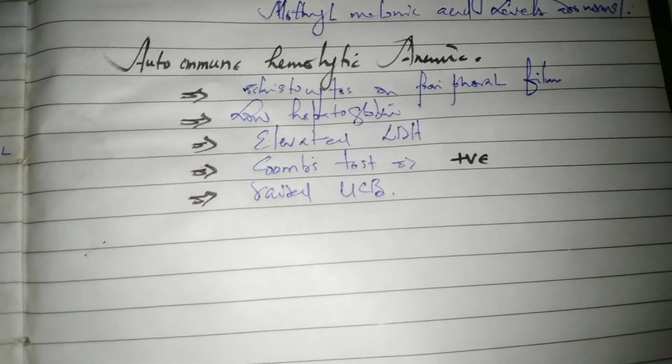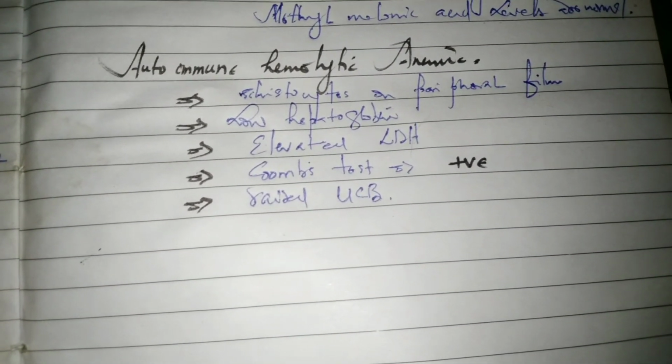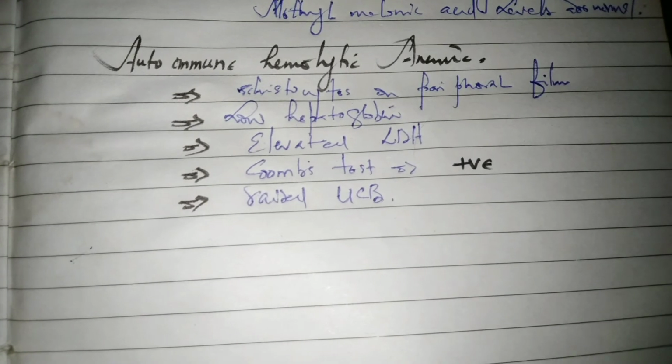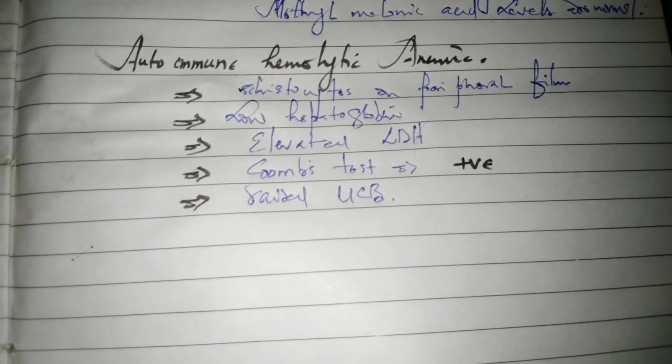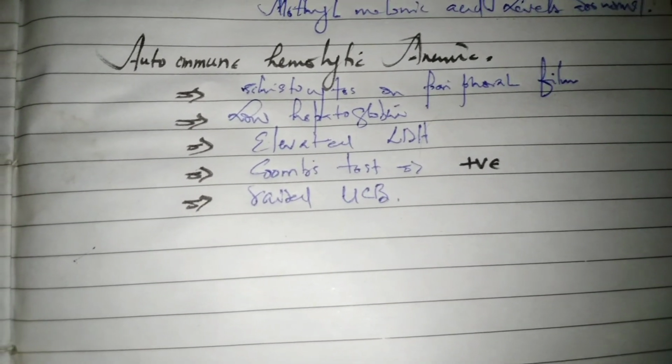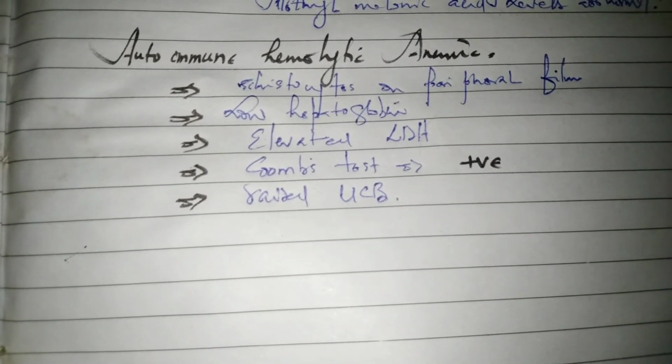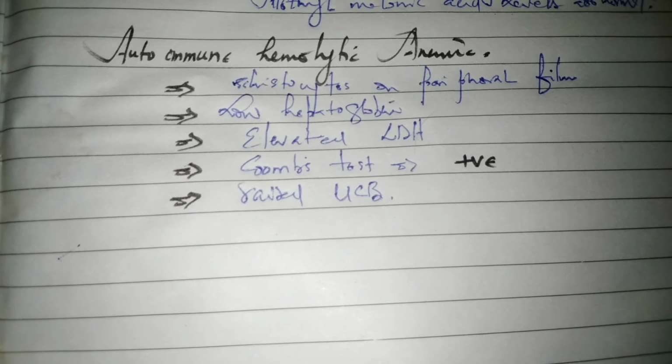Now, the anemia of renal disease. In anemia of renal disease, the patient would typically have certain features. If the cause is amyloidosis, there will be a history of diarrhea and edema. On urine there is proteinuria.